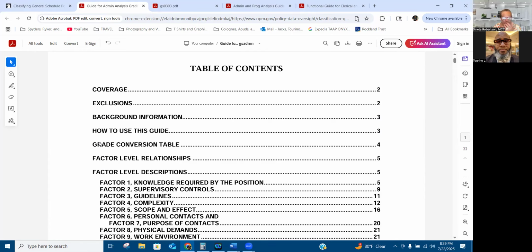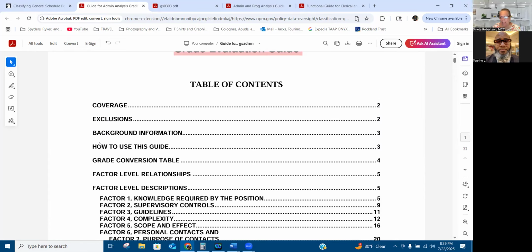If you are a person that does supply management, but you have to do specialist work where you do quantitative and qualitative analysis of supply trends across your agency, you would use the supply management series in conjunction with this functional guide, and you would use the title that was in that series standard.